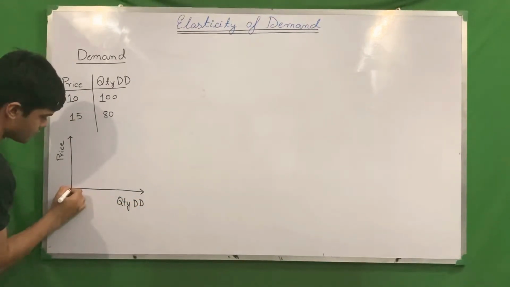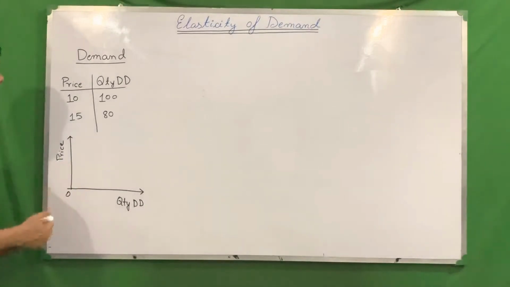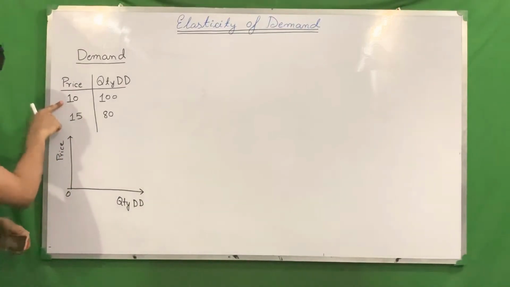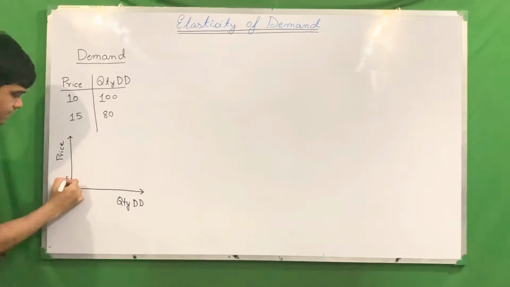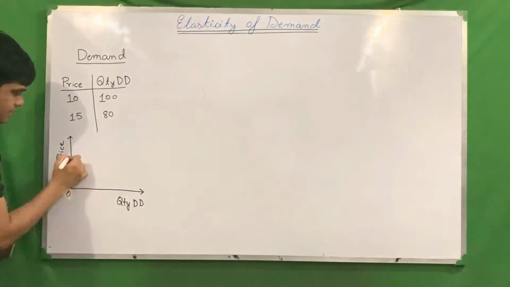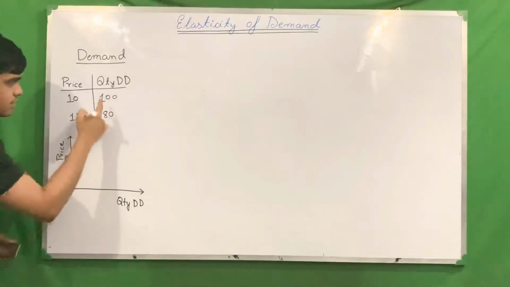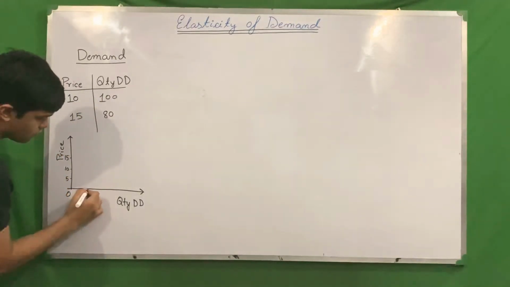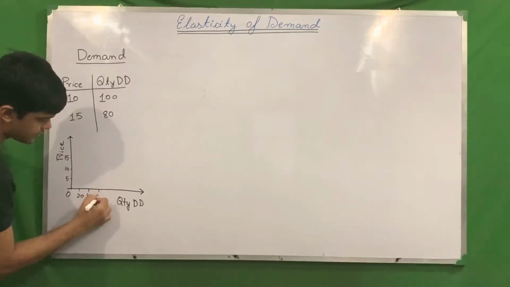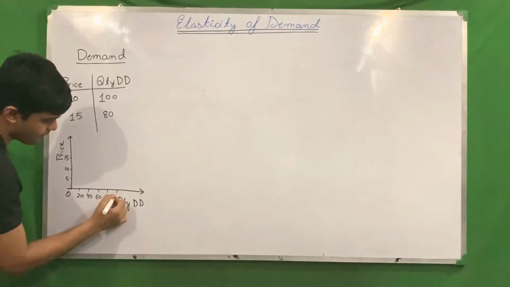Origin is 0, you know that. Okay, now let's draw the demand curve. So price is rupees 10, price is rupees 15. So maybe price may be 5 here, 10 here, and 15 here. Quantity demanded is maybe 20, 40, 60, 80, and here it's 100.